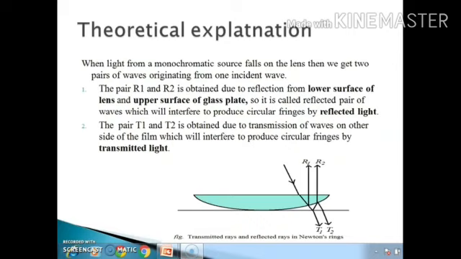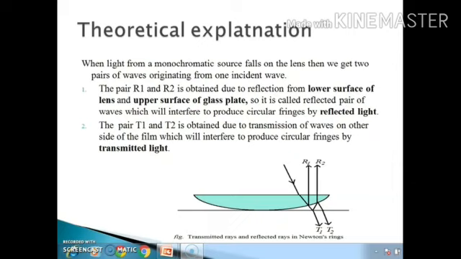As you know, when light gets reflected from the surface of a denser medium, it gets an extra phase change of 180 degrees, and in this figure you have already seen that the wave R1 is obtained due to the reflection from the lower surface of the plano-convex lens, which is a denser medium.